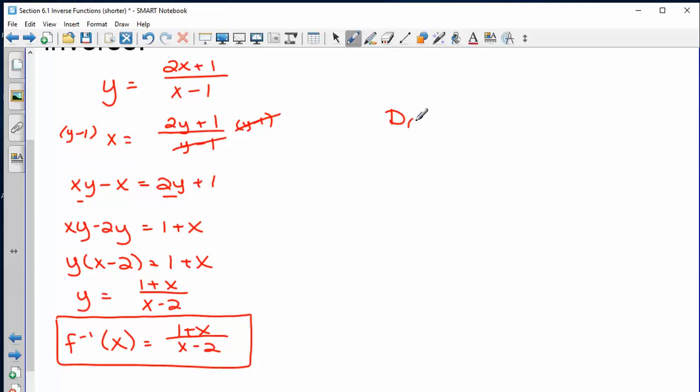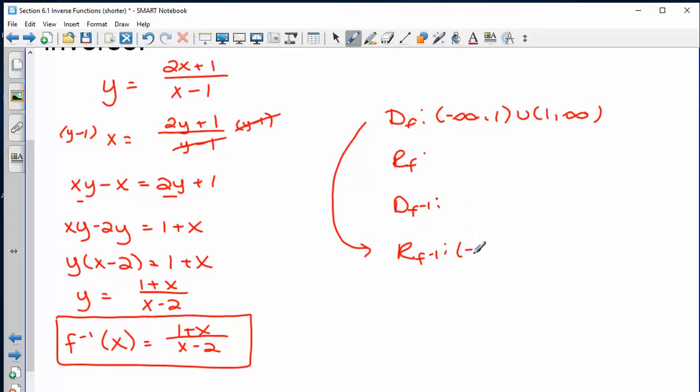Let's do domain and range. Domain of f. If I look at the original, it is a fraction. What's the one thing x can't be? 1. So my domain of f would be negative infinity to 1, union 1 to infinity. And that is the range in my inverse.